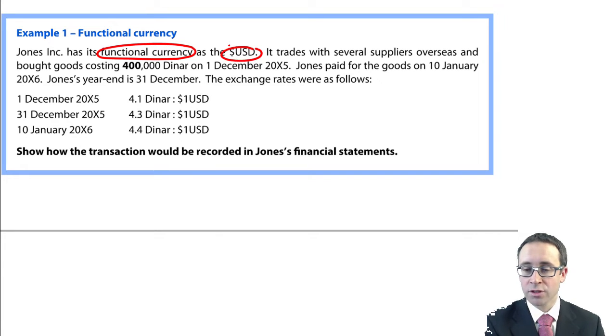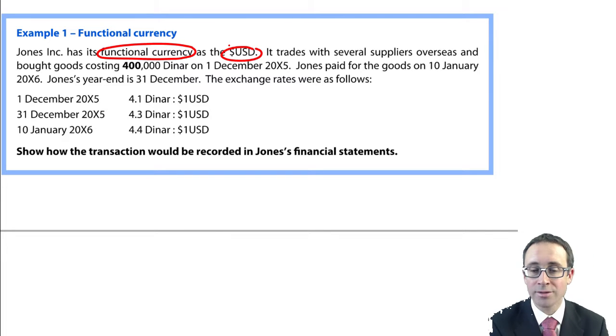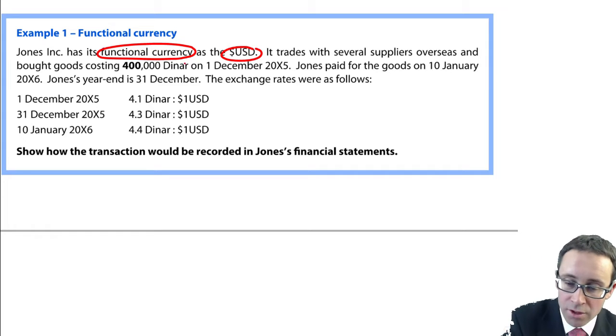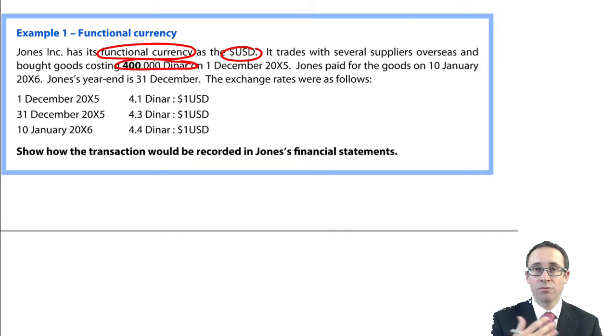And it says it trades with several suppliers overseas and bought goods costing 400,000 dinar on the 1st of December X5. So you have 400,000 dinar that will need to be translated at the rate that was in place on that 1st of December date. So I think you can see there the 1st of December is a rate of 4.1, isn't it? It seems to be that those goods were purchased on credit because we then didn't pay for the goods until the 10th of January 20x6.